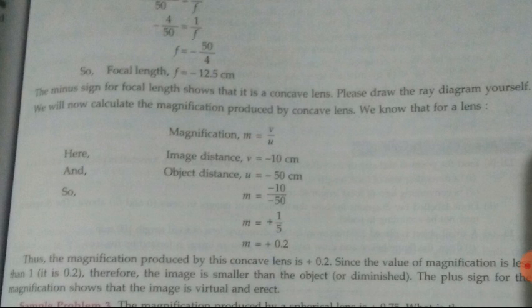So like this, by different signs and different values, we can predict how the image will look. In this question, we were given the values of u and v, and we found f. We also found the magnification, and by magnification we predicted how the image will look. Now it is your homework to draw the ray diagram for this. Here very big values are given like 50 centimeter, 10 centimeter.